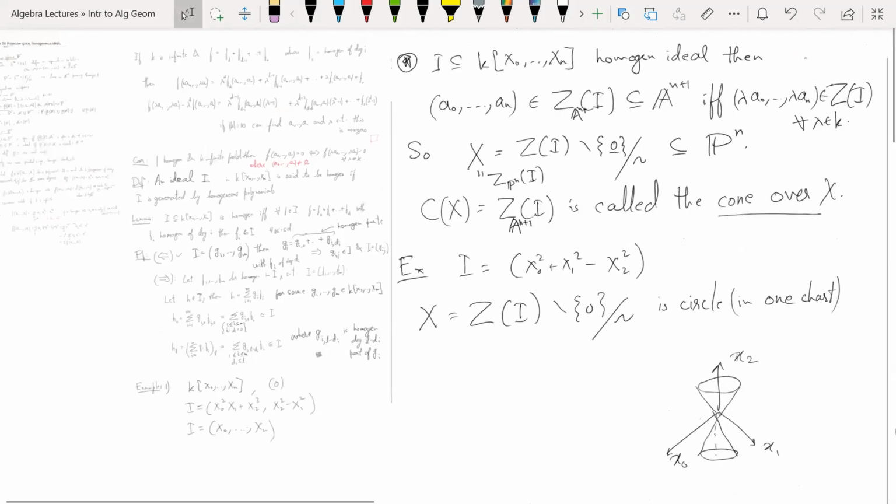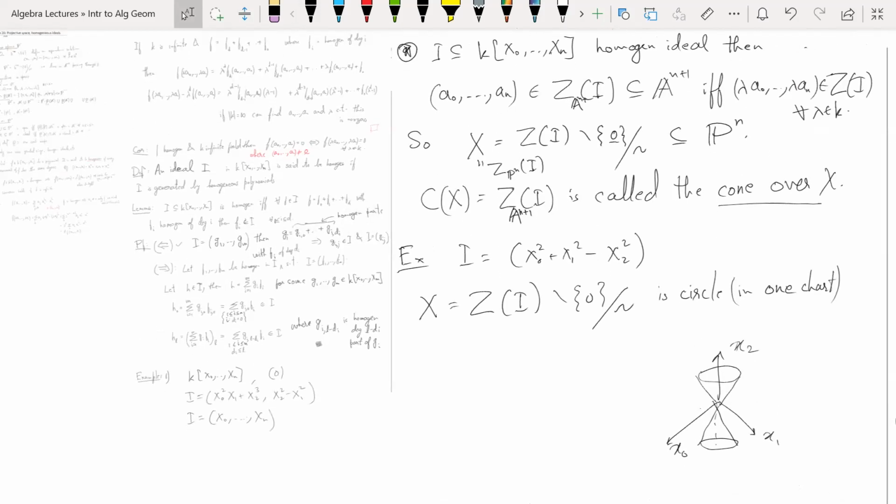So suppose for instance you consider this I in K[x0, x1, x2]. So n is 2. So we are in A^3 and P^2.